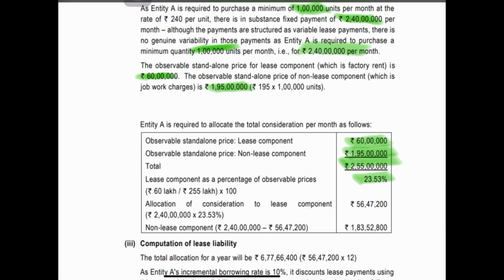So now we have to allocate the consideration to the lease component out of this 2 crore 40 lakhs, which is the minimum order quantity of 100,000 and the consideration value of 240. So how to allocate this 2 crore 40 lakhs between lease component and non-lease component? You can take 23.53% of 2 crore 40 lakhs, that will become the lease component and the remaining will be the non-lease component.